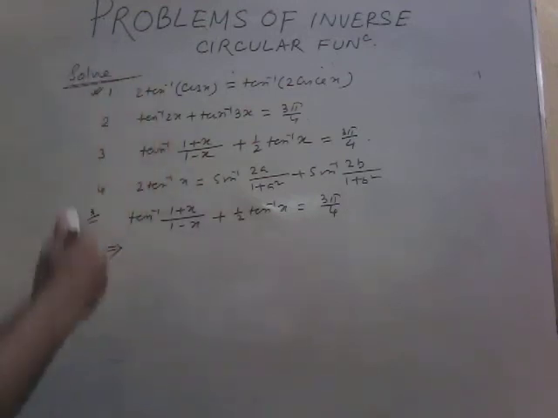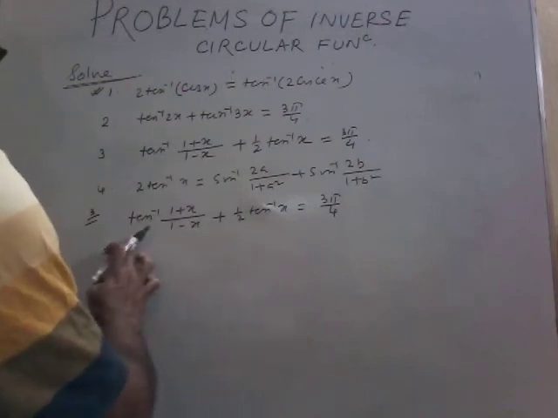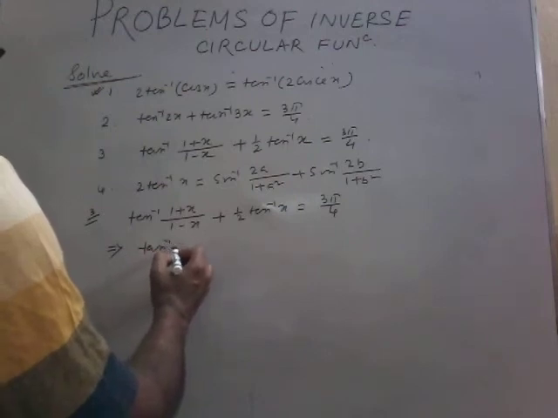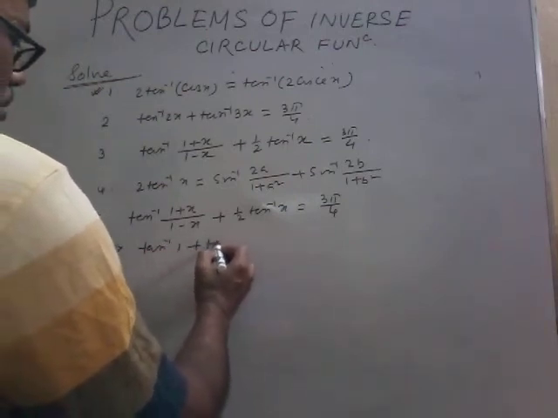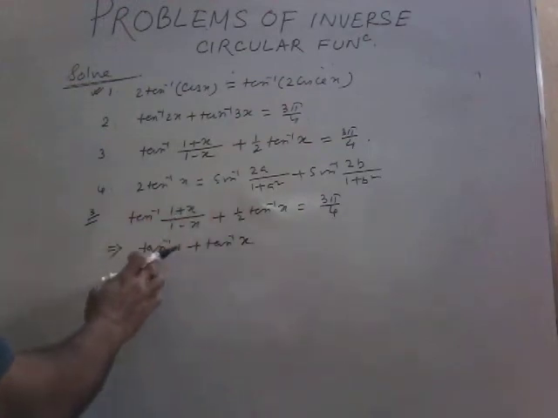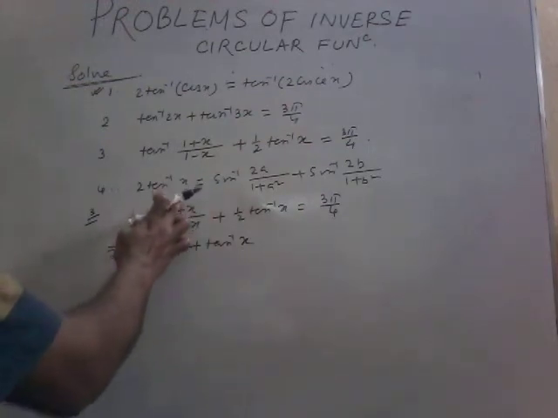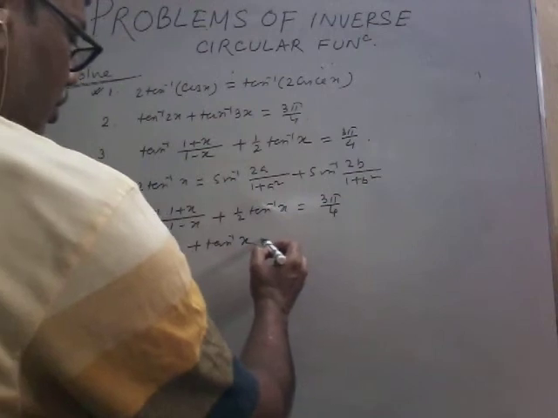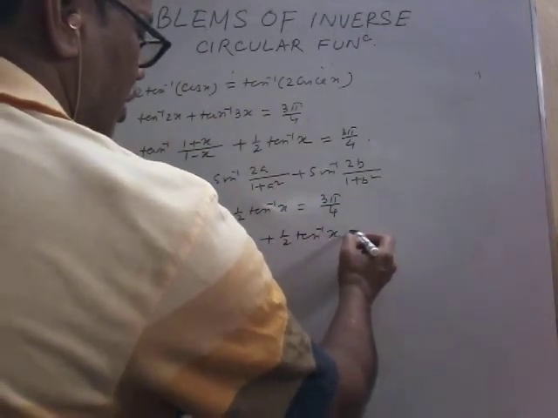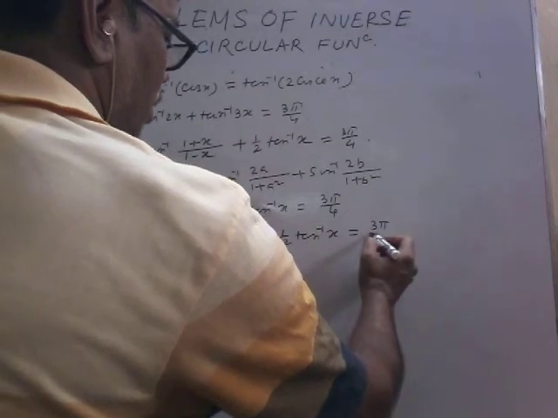As in the previous problem, you can write it as a difference of 2 terms: tan inverse 1 plus tan inverse x. If you compact this, half tan inverse x is unchanged, equals 3 pi by 4.